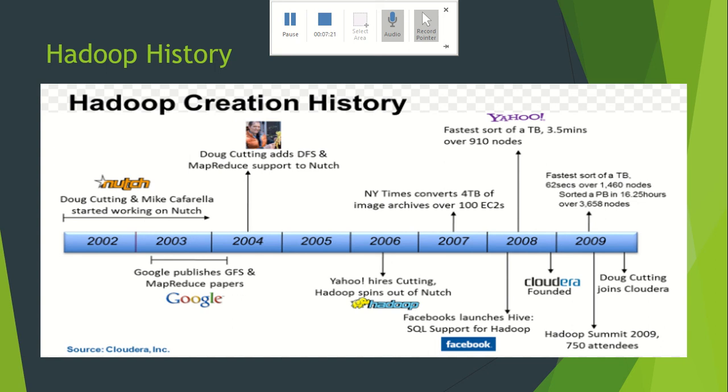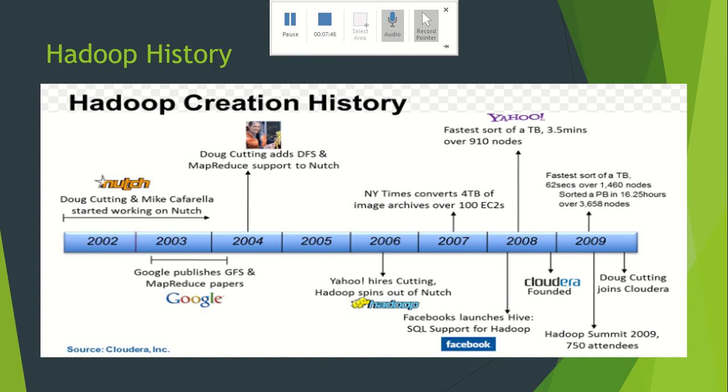It was not a trademark of any company. That's why it came into the picture, and every team member was convinced by that name. That's how they gave the product the name Hadoop, and it became the trademark of the Hadoop software. You can see that the Hadoop logo is a very big elephant.